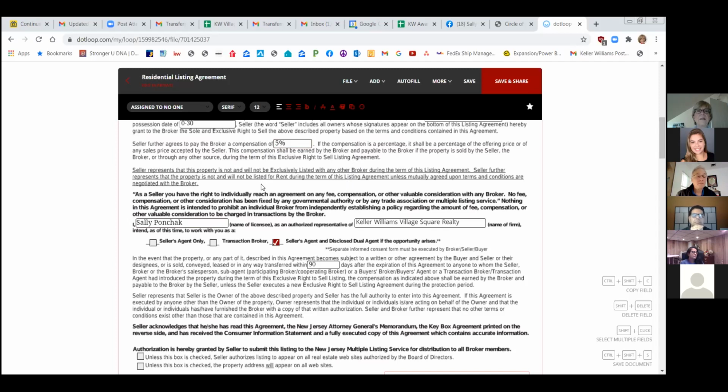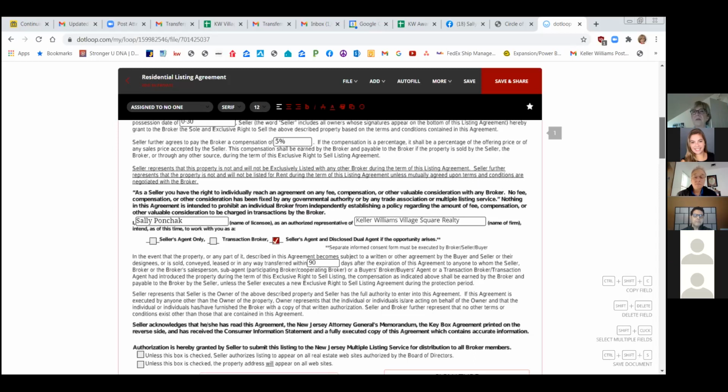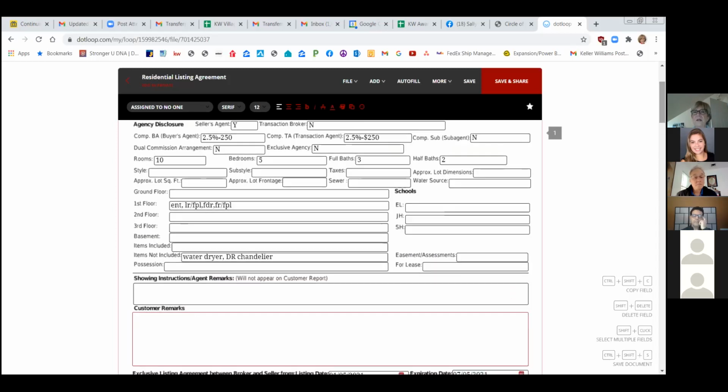Seller represents that this property is not and will not be exclusively listed with any other broker during the term of this listing agreement. Seller further represents that the property is not and will not be listed for rent during the term of this listing unless mutually agreed upon terms and conditions are negotiated with the broker. Now remember, there was a field up here that allowed you to say that it was also for lease.